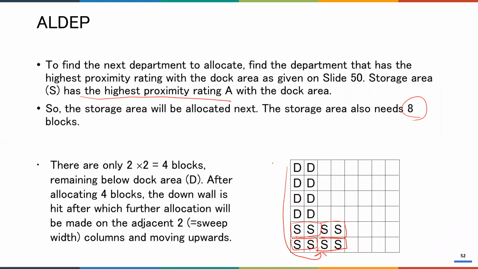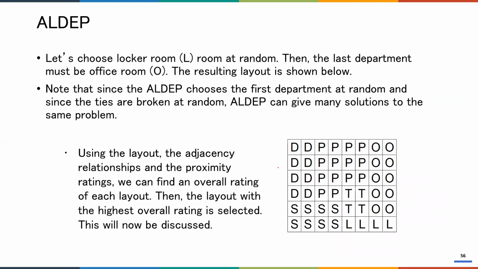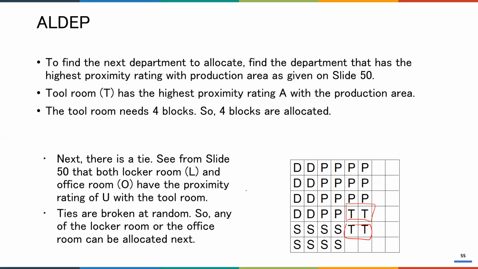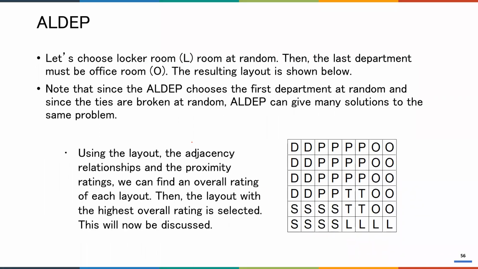So what happens if there is a tie? Basically, again, this is going to be a disadvantage for ALDEP, because you can just choose it randomly. Okay, so after choosing randomly, let's say we choose locker room, then put it here 2, 2, and then you have the last one, which is office. And we finish arranging the layout.